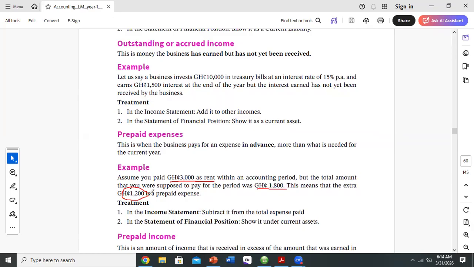If we were showing this in our profit and loss account, then under the operating expenses, you would indicate rent of 3,000, and then you subtract or you less the prepayment of 1,200.